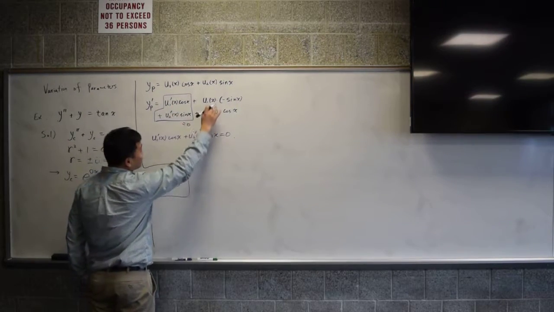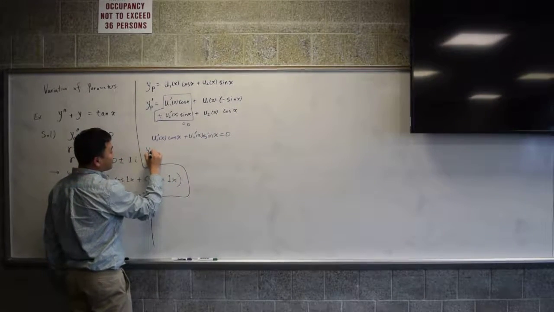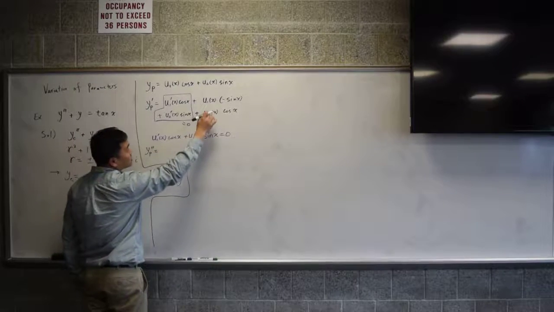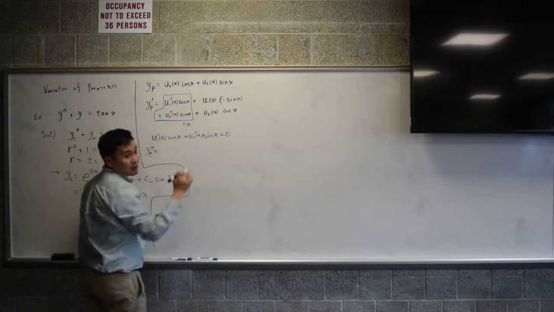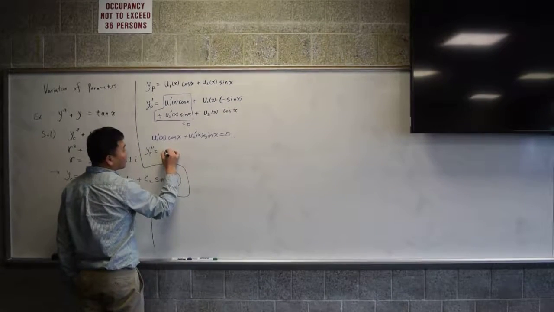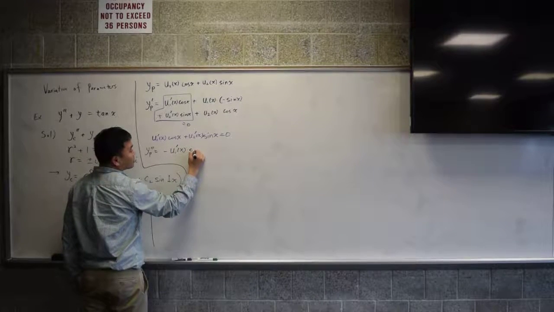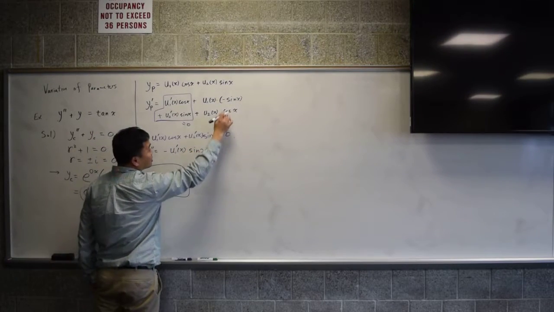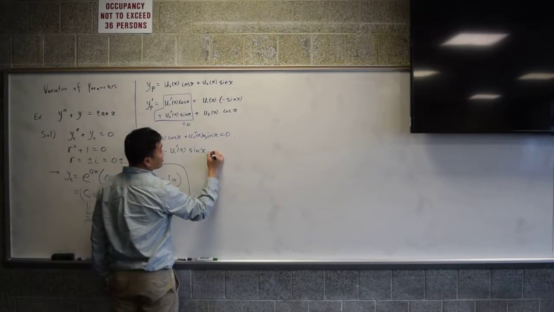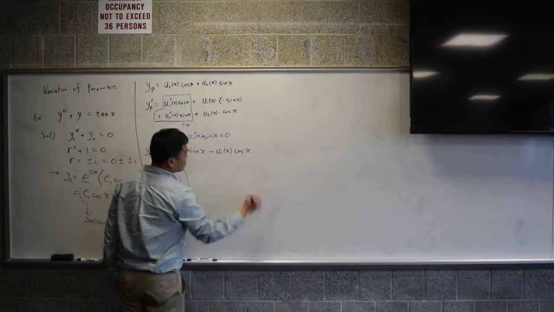Since that's 0, we have just y prime p being this one, and y double prime of p is therefore. We now have to apply the product rule for both of them. So if I differentiate this, it's negative u1 prime of x sine x. And then when I differentiate this, that's cosine, so it's negative u1 of x cosine of x.